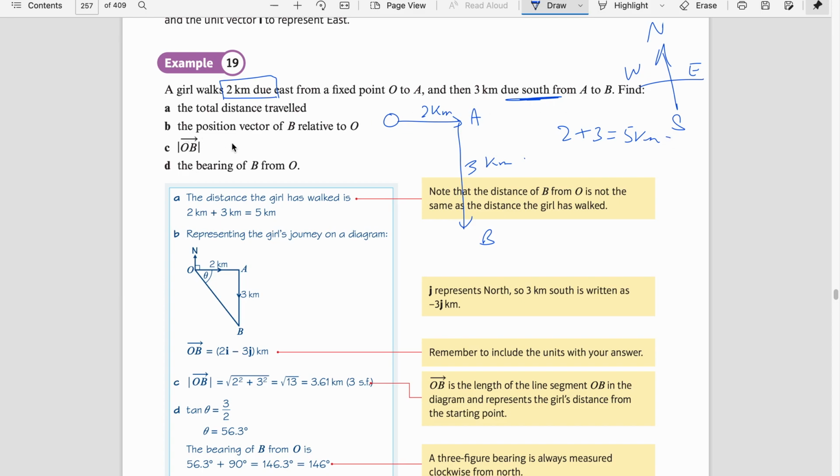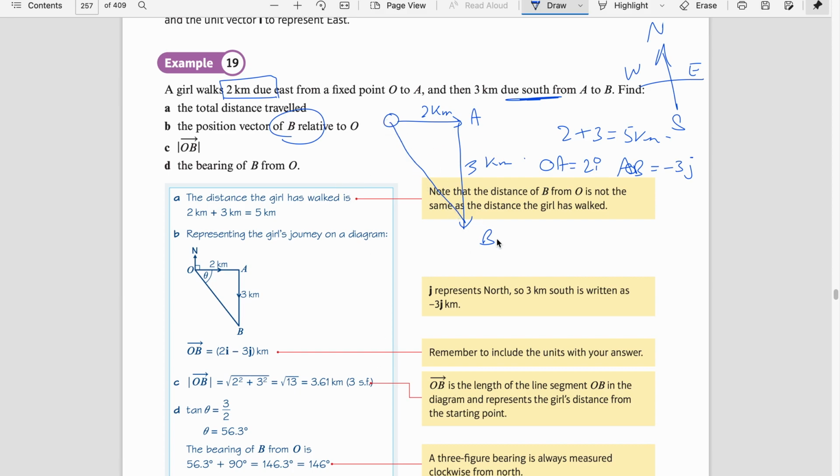Then it says the position vector of B relative to O. Now this is the position vector. We know that OA is 2i. We know that AB is minus 3j. It is vertical and it is downwards.